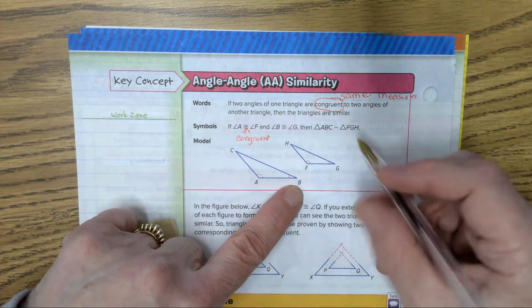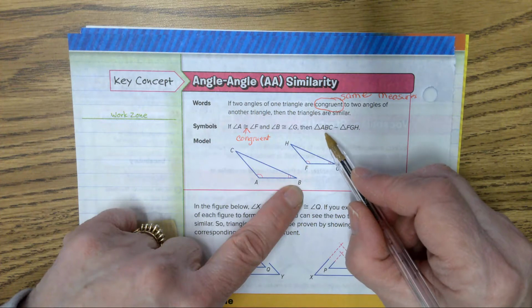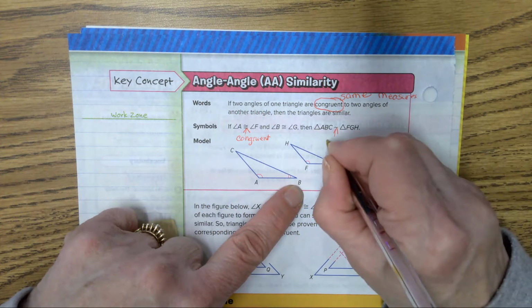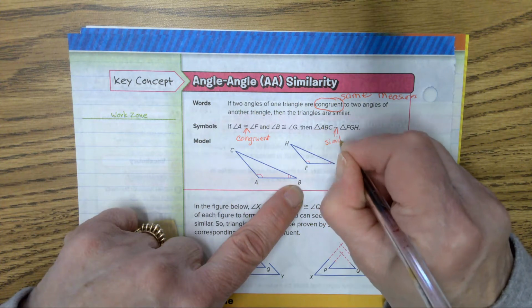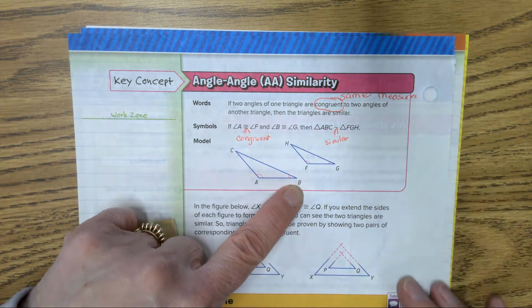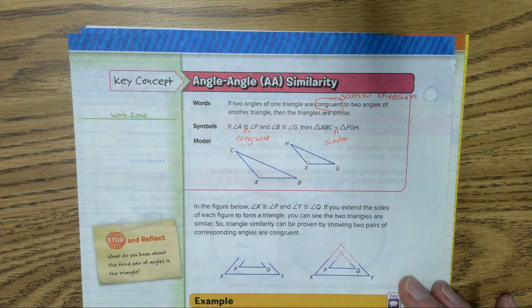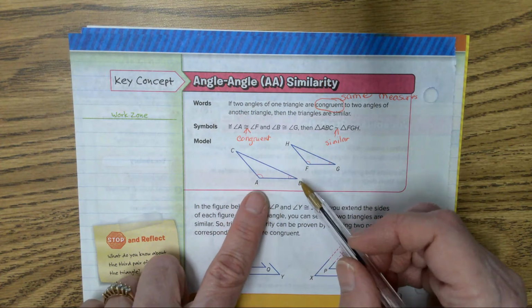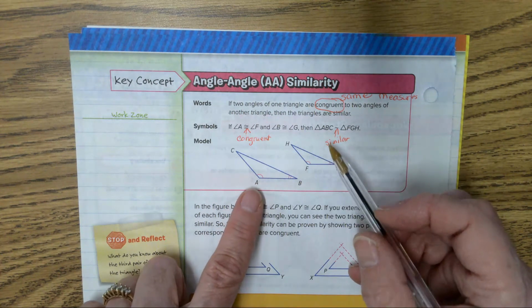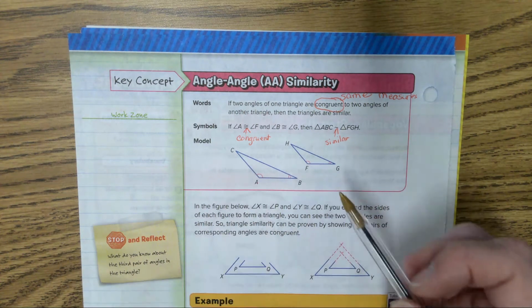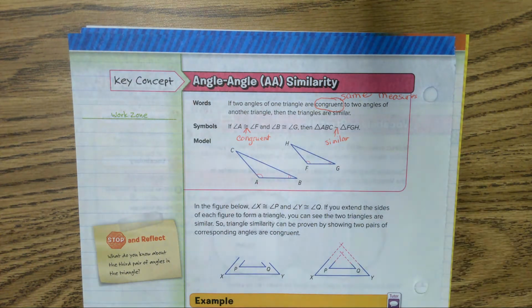Then triangle ABC, that's the symbol for similar, is similar to triangle FGH, okay? If two triangles have two angles that have the same measure, then the third one is also going to be the same. That's just a given, okay?